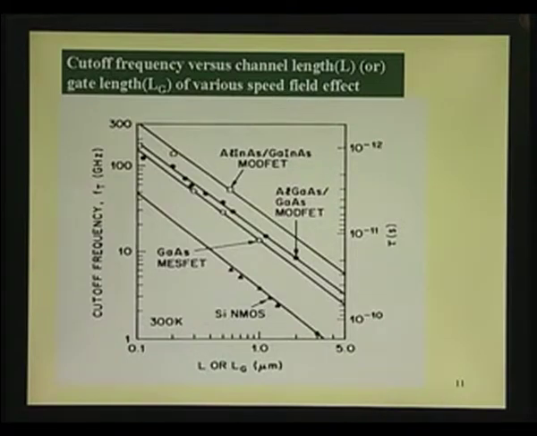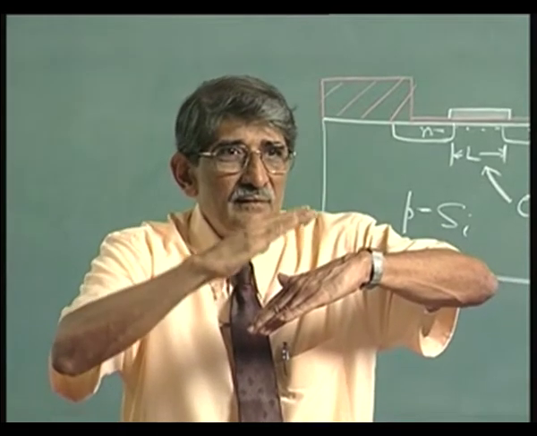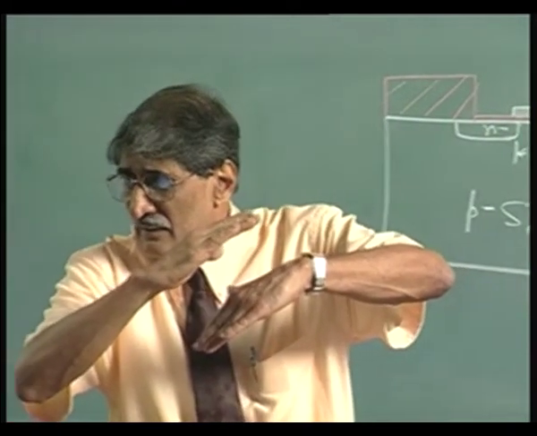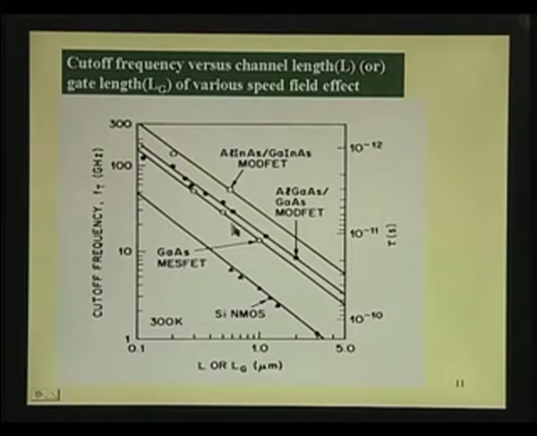These are some of the curves you can see. The curves keep on shifting up. Silicon MOSFET, then above that you have gallium arsenide MOSFET, then above that aluminum gallium arsenide MODFET, and above that another material.